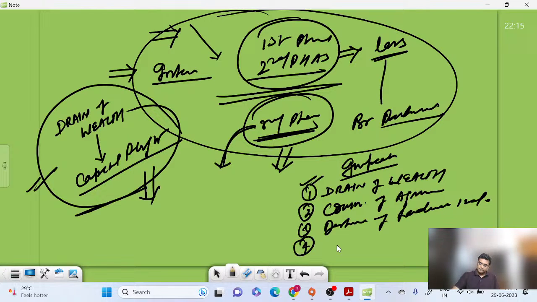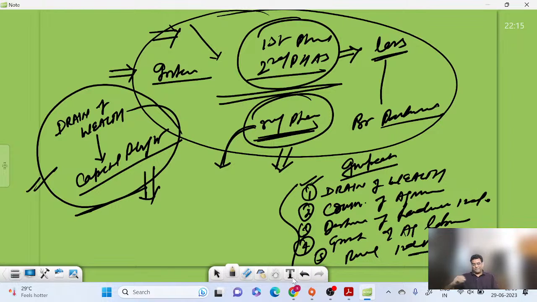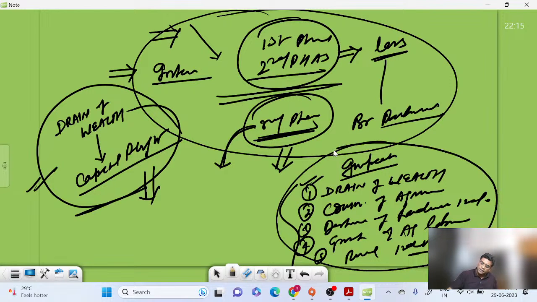It resulted in growth of agriculture labor and rural indebtedness. So these are the facts and figures you can find here, which is the impact of the British economic policies.